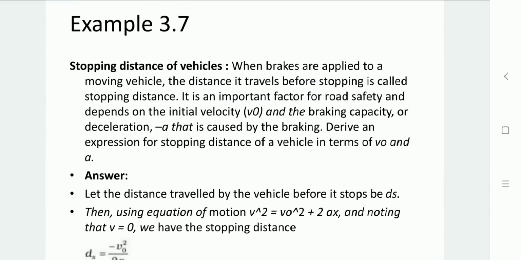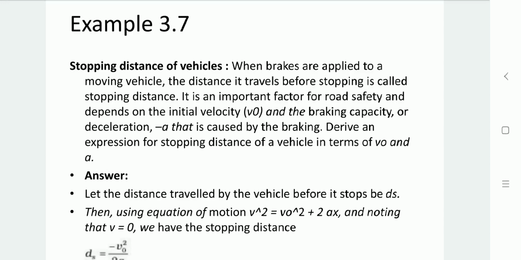Stopping distance of vehicles. So here, when brakes are applied to a moving vehicle, the distance traveled before stopping is called the stopping distance. It is an important factor for road safety and depends on the initial velocity v0 and the braking capacity or deceleration minus a, which is caused by braking.